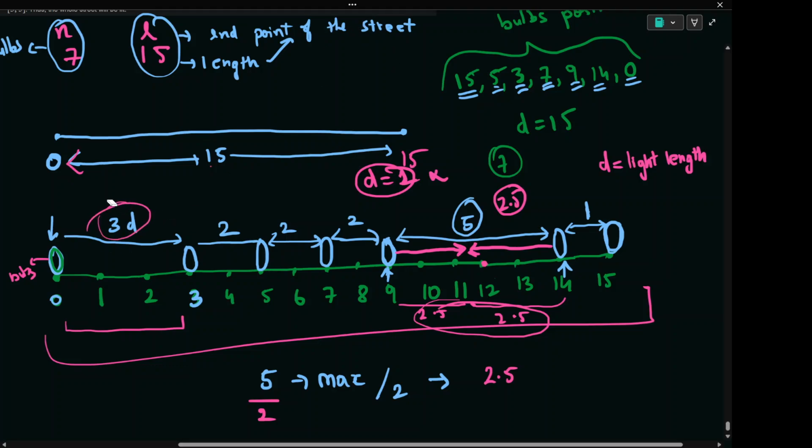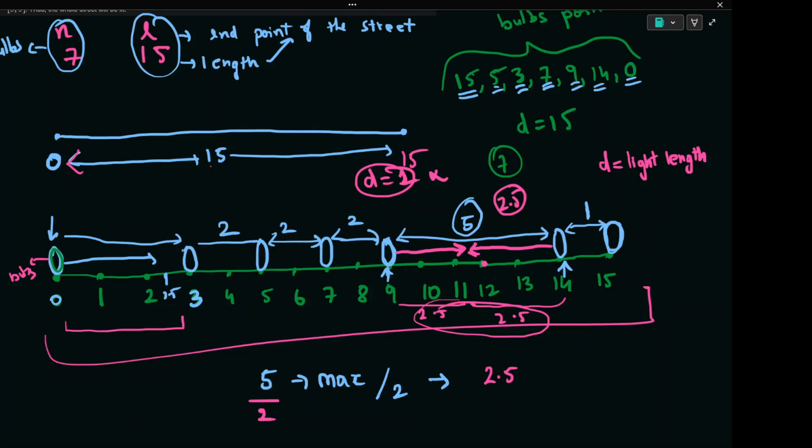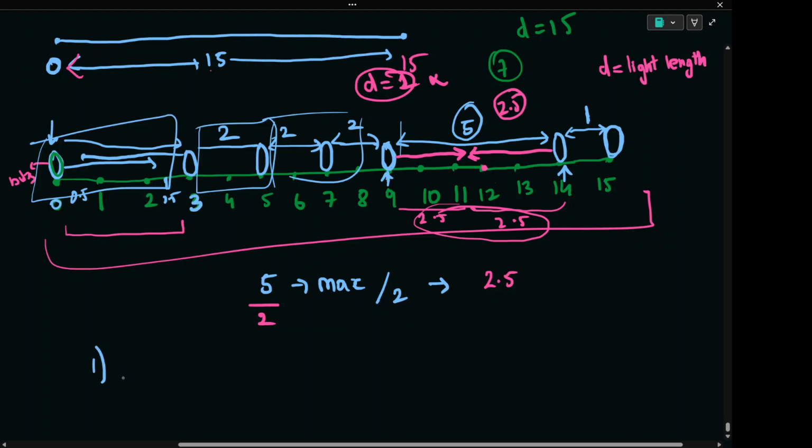So here the distance is 3. So light 0 will contribute till 2.5. And this light will contribute till 0.5, right? But the street is lit, right? This part and this part and this part. So the street is lit. So this is a right approach, right answer as well.